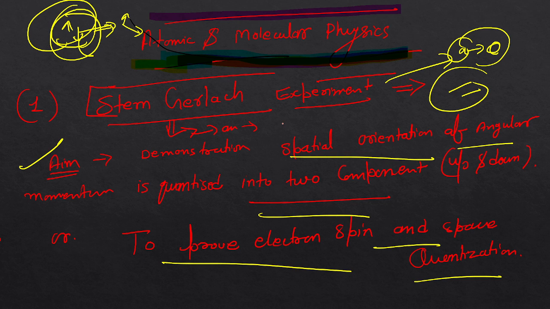When the electron splits into two parts, one upward and one downward, it means there are different spins, and if there are different spins, their angular momentum will be different. To calculate the whole angular momentum, we combine these, which means angular momentum is not a single quantity but a combination of various components.